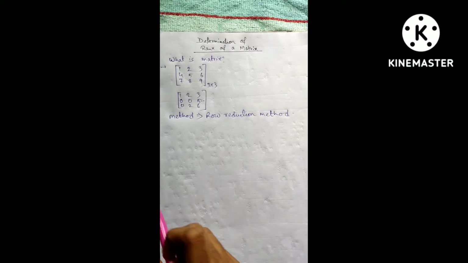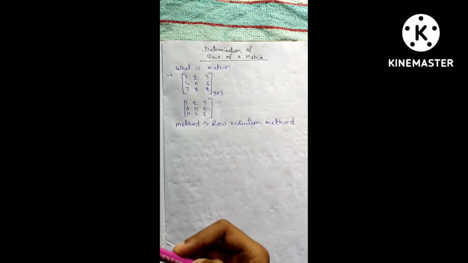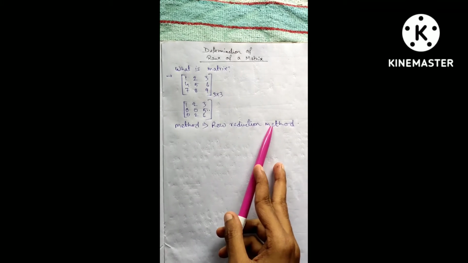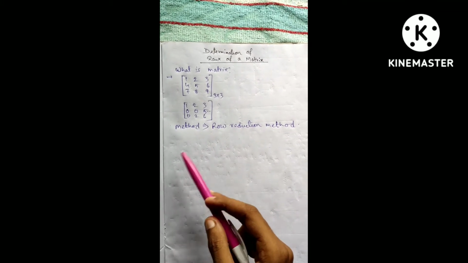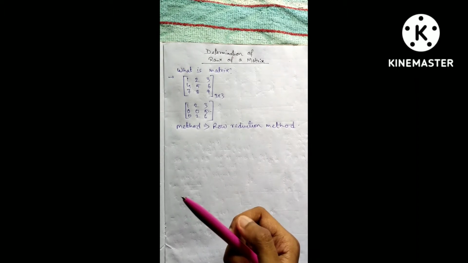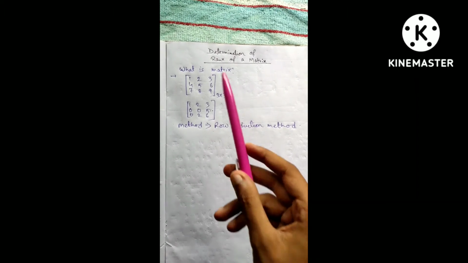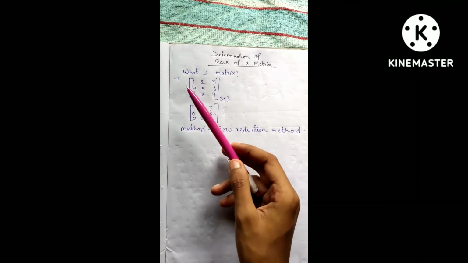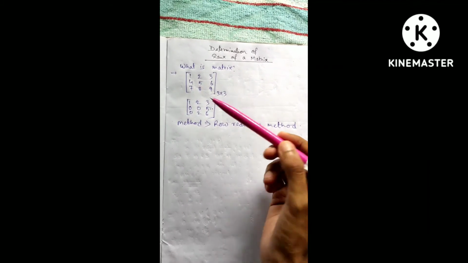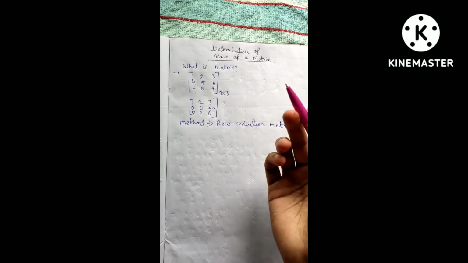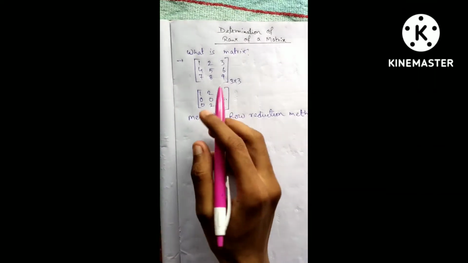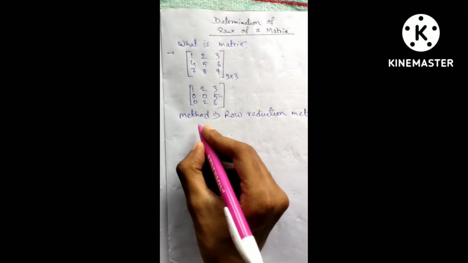Fine. To determine the rank of the matrix by the row reduction method, we at first convert the matrix into an upper triangular matrix. Now the question is, what is an upper triangular matrix?